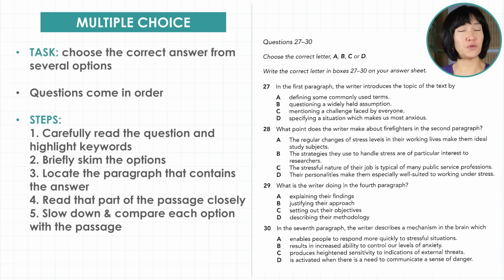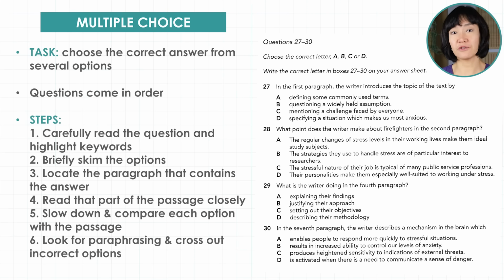Several keywords will be mentioned in that paragraph, but only one statement fully matches the meaning. That's why you can't just match words, you have to match ideas. And as you go, cross out incorrect options. Sometimes the first option that sounds right isn't. So look at all the options before you select your final answer.